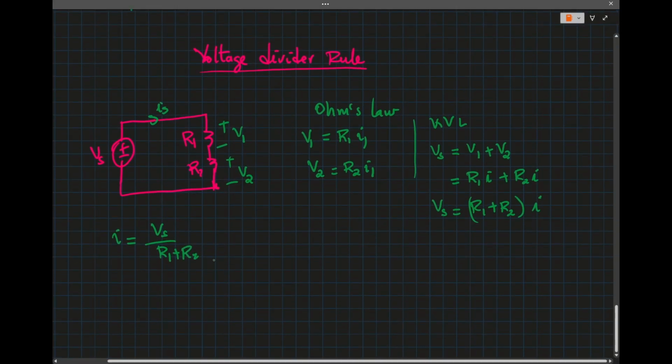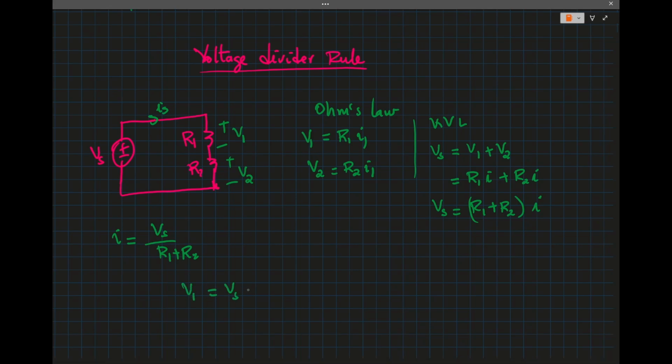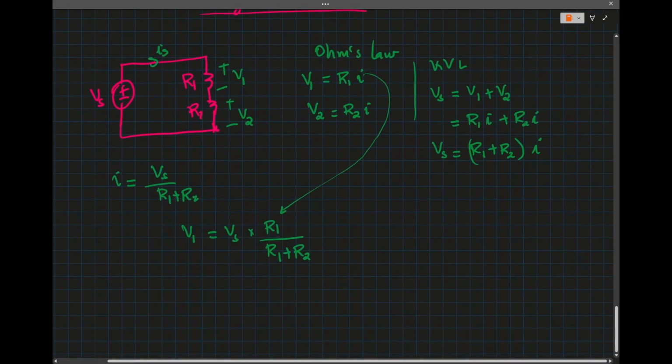Now, that means V1 is Vs times R1 over R1 plus R2. I'm going to substitute I in that equation. It's just I, not I1. Right there.